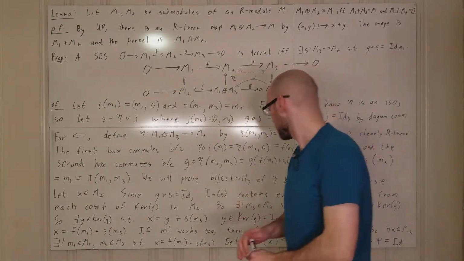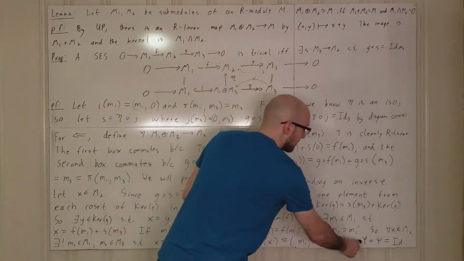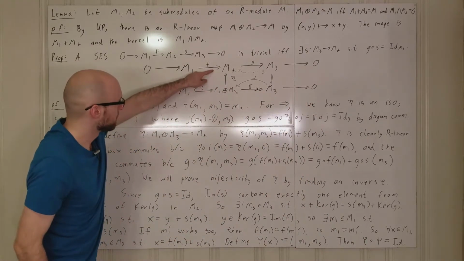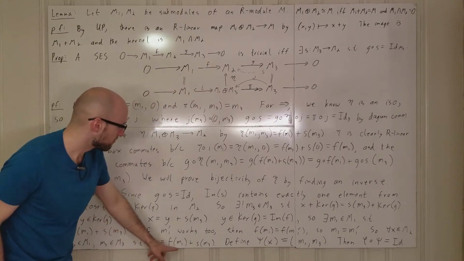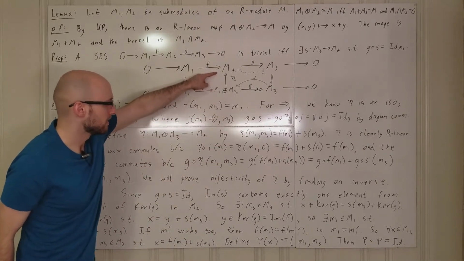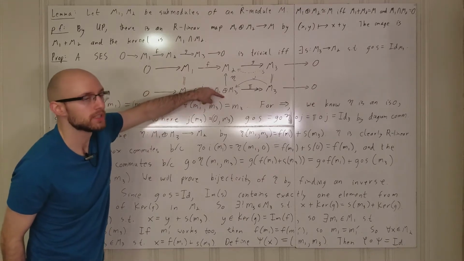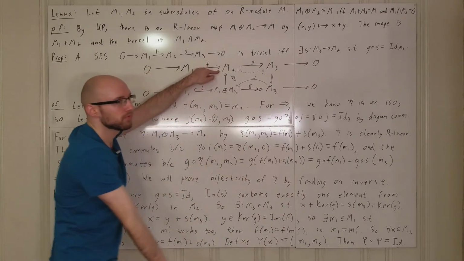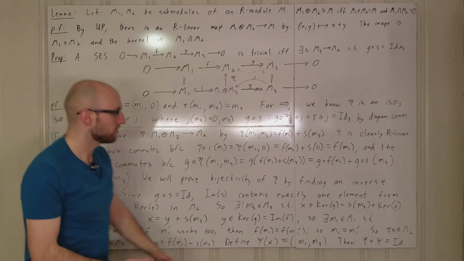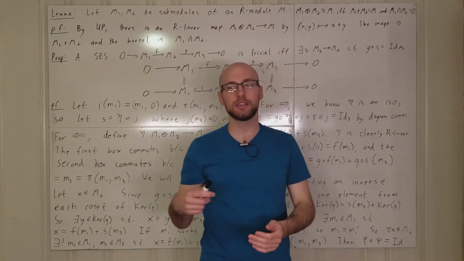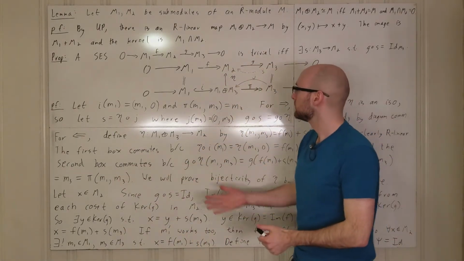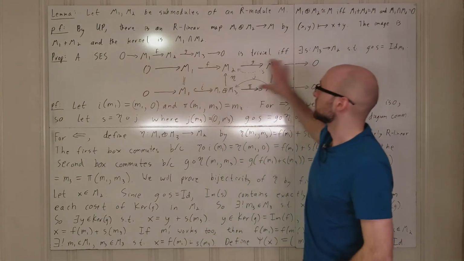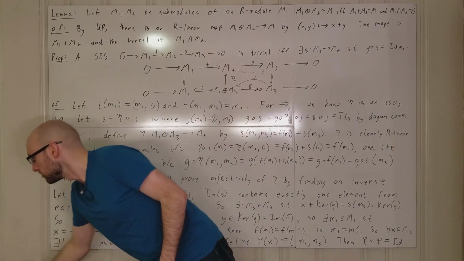And clearly, if you look at what happens when you compose psi with eta, if you take x, f of m1 plus s of m3, here, then under psi you'll get the ordered pair m1, m3. And then if you go through eta, you'll get back f of m1 plus s of m3, which was precisely what you started with. And so this composition is the identity, and the existence of such an inverse proves that eta is bijective, and so this short exact sequence is trivial, and that finishes up the proof.